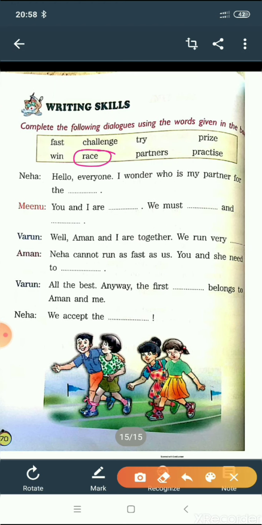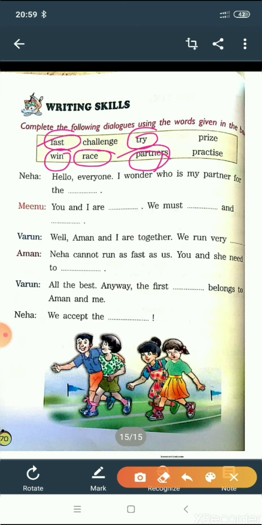Meenu, you and I are partners. We must try and win. Varun, well, Aman and I are together. We run very fast. Aman is saying, Neha cannot run as fast as us.